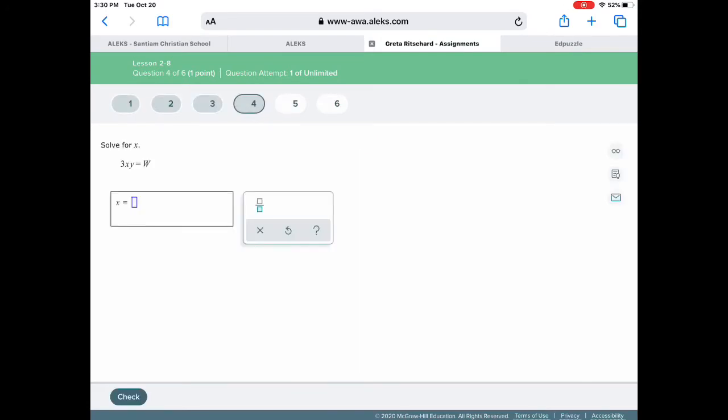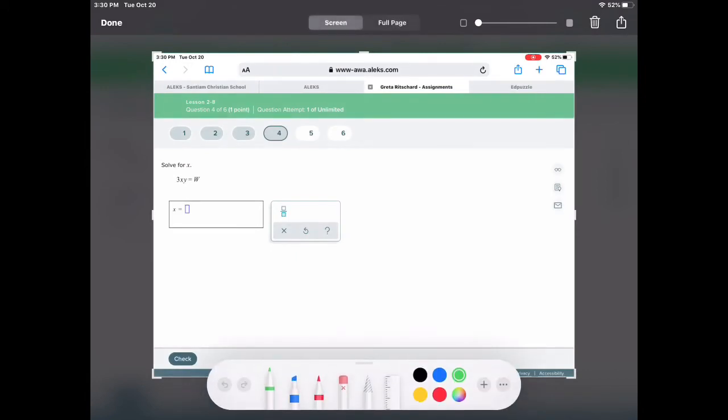In this problem, we have 3xy equals w, and they're asking us to solve for x. So we need to get rid of everything other than the x. In this case, it's probably just as easy to do everything at once. So I'm going to divide by 3y, because this will let me cancel the 3's, it'll let me cancel the y's, and it'll leave the x where it is.